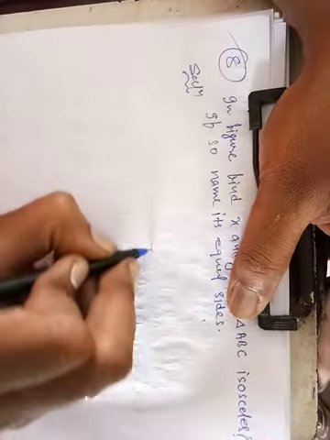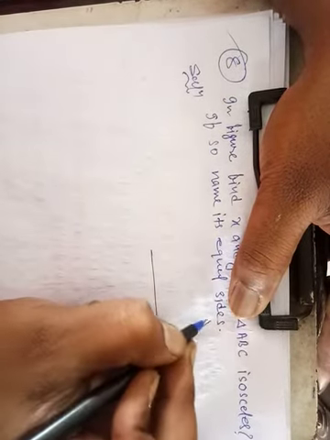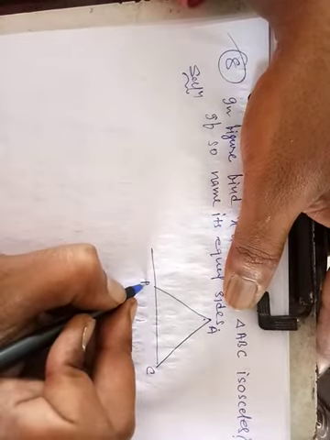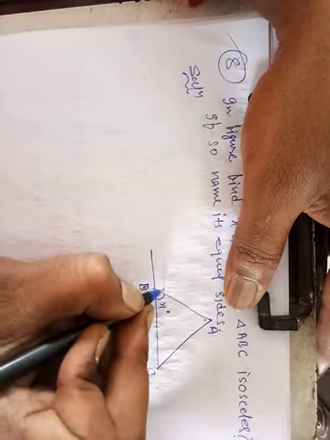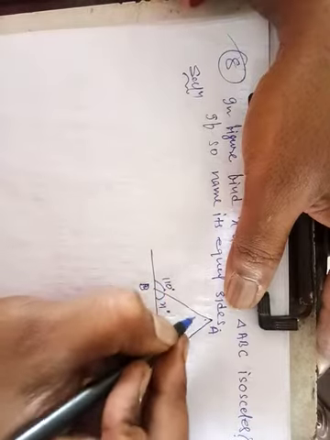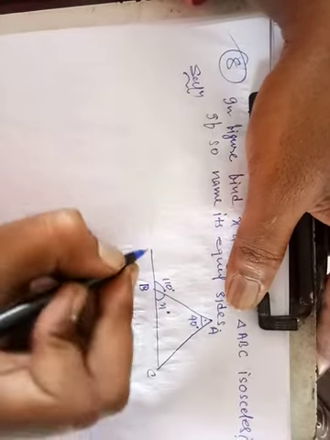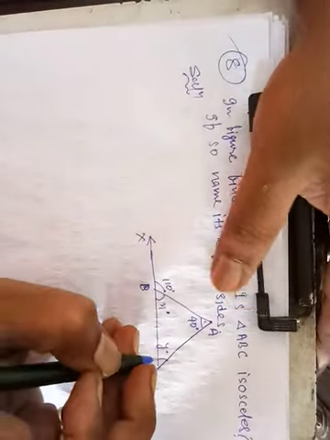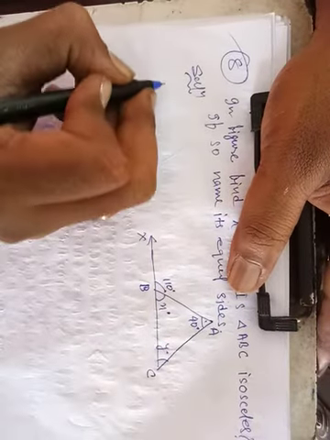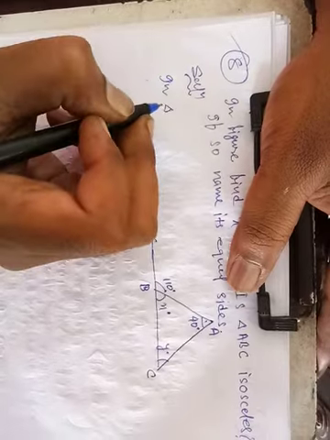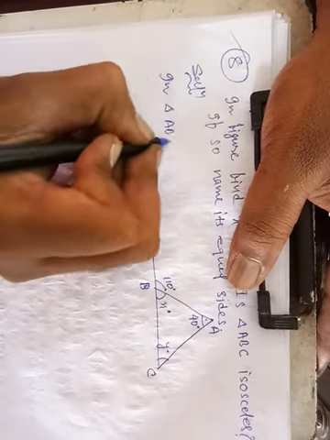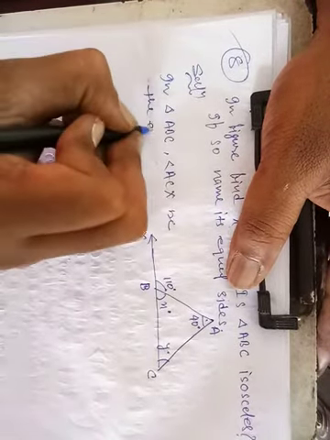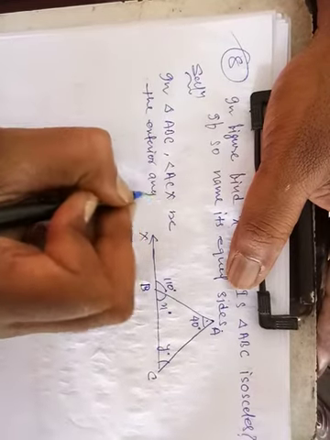First we make a figure. Here the figure is this type, like this is angle A, this is angle C, this is angle B, this is x degrees, this is 110 degrees, this is 40 degrees, and this is y degrees. So in triangle ABC, angle ACX is the exterior angle in triangle ABC.